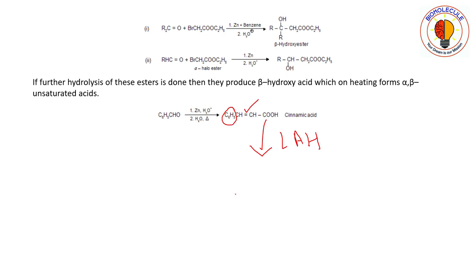So what you will be getting here is phenyl, then CH2, CH2, then instead of acid you will be getting primary alcohol. Lithium aluminum hydride reduces acids to primary alcohols, and over here this unsaturation has now become a carbon carbon single bond.